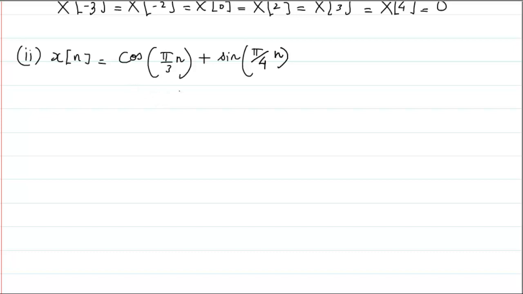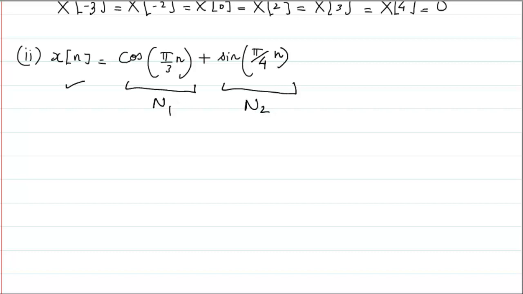One is cos pi by 3n and another is sine pi by 4n. Both of them are periodic in nature. We suppose first one is having a period of n1 and second one is having a period of n2. Then what will be the period of the signal x of n?